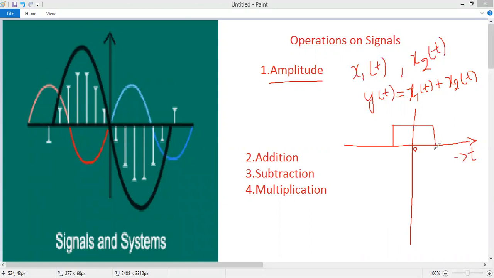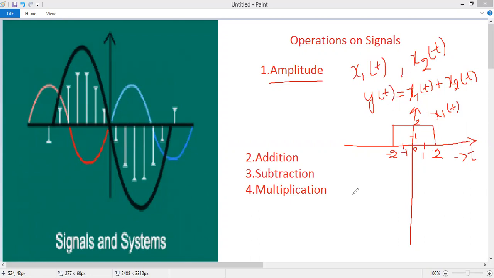It is 1 and its value is 2 for this point, and it is -1 and -2. So this signal is x1 of t and its amplitude value is +1 and this is +2. The y-axis is the amplitude axis and the x-axis is the time axis.